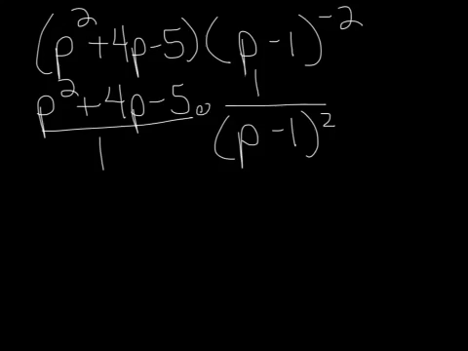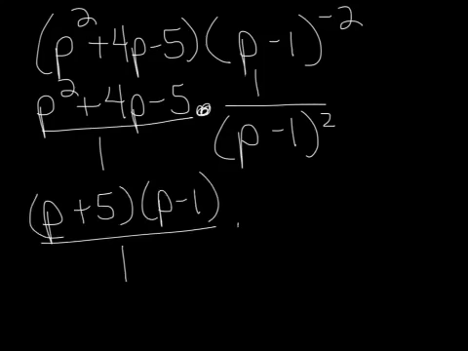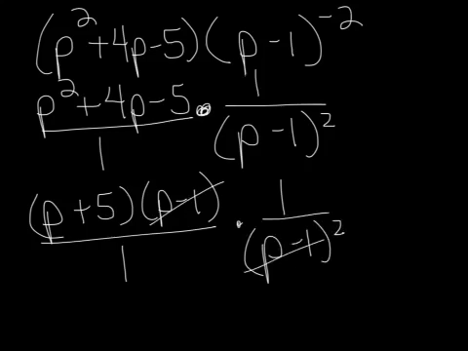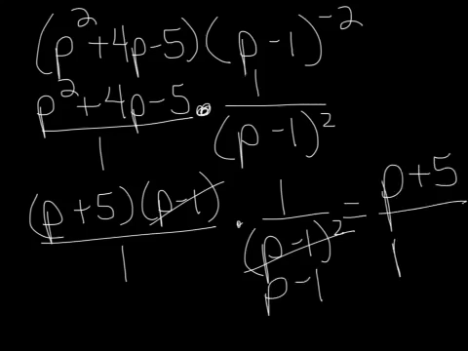So again, they're multiplied together, so we are thinking about factoring. So it's going to be p plus 5, I believe p minus 1, over 1 times 1 over p minus 1 squared. Well, I have a p minus 1 on top and on bottom, so I can cancel 1. And my final answer is p plus 5 over p minus 1. Not too bad.